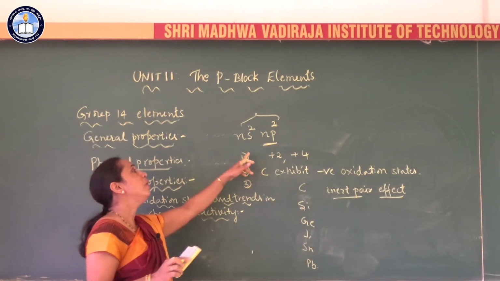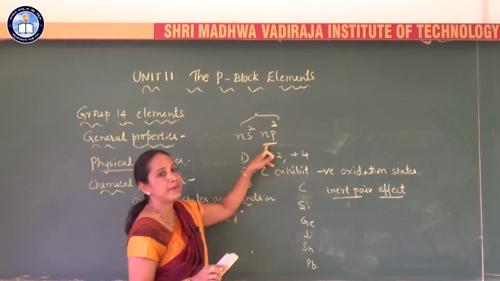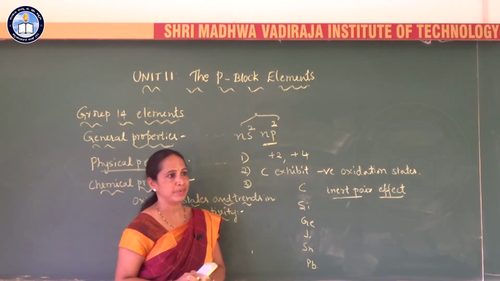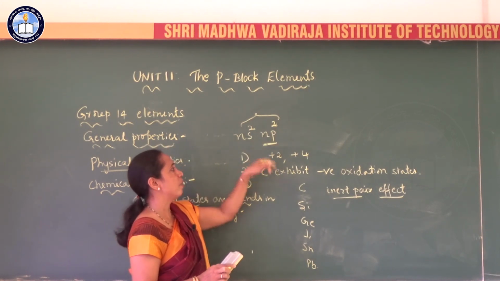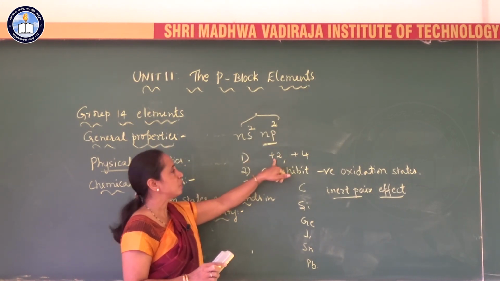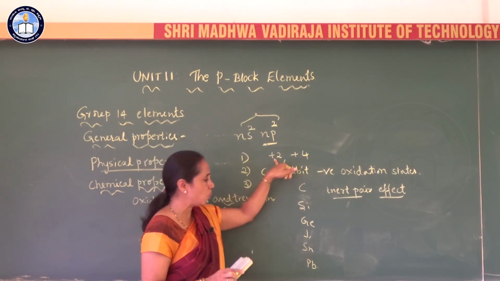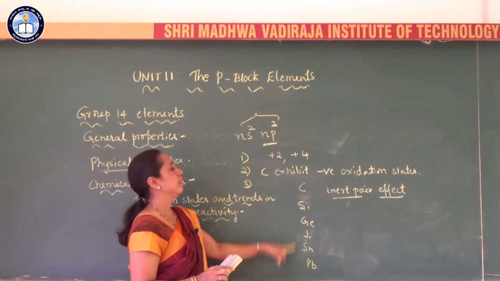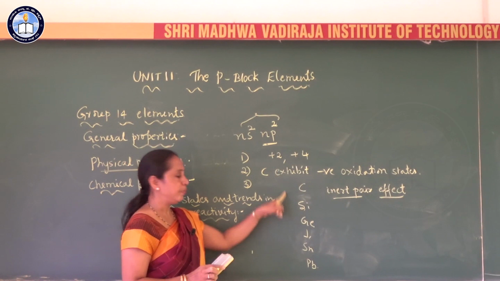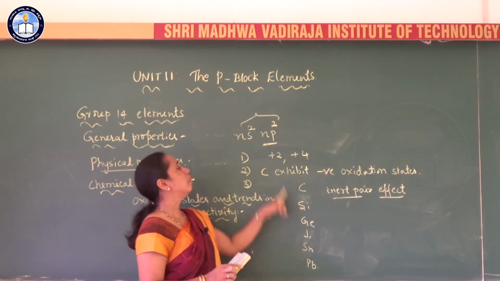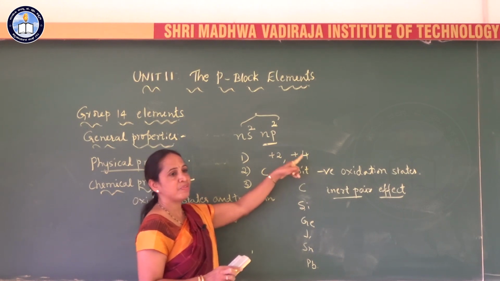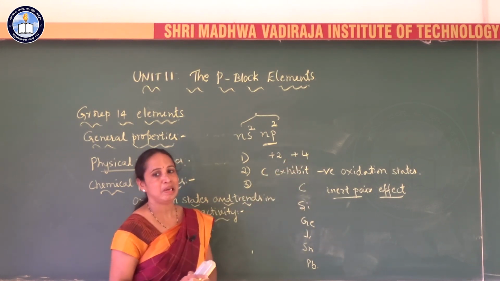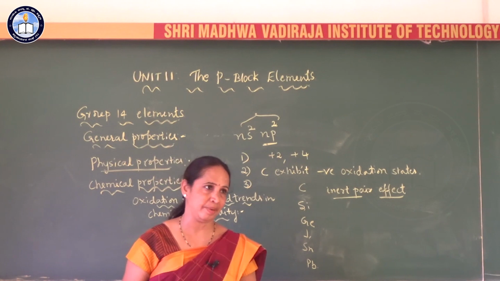Then only the p electrons participate in chemical bond formation, and by using only these p electrons they exhibit +2 oxidation state only. So as we descend down the group, due to the inert pair effect, +2 becomes more stable and +4 becomes a less stable oxidation state.